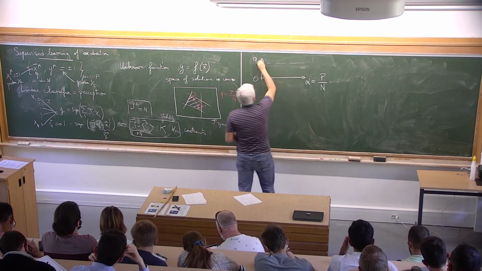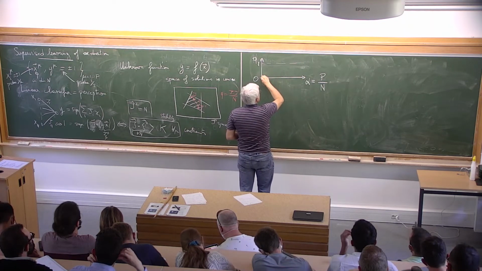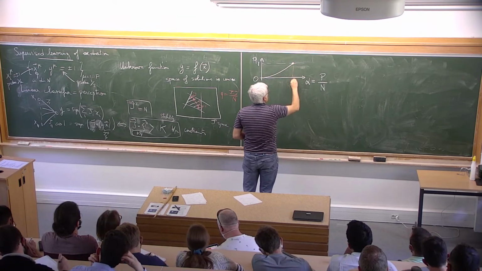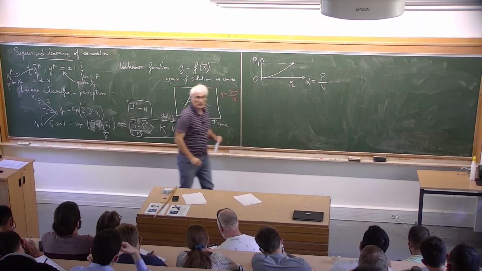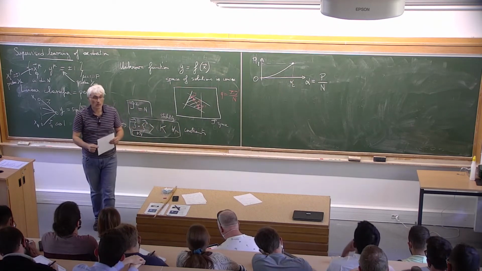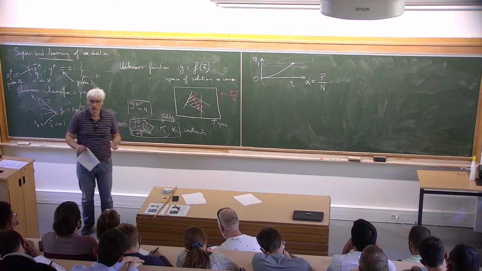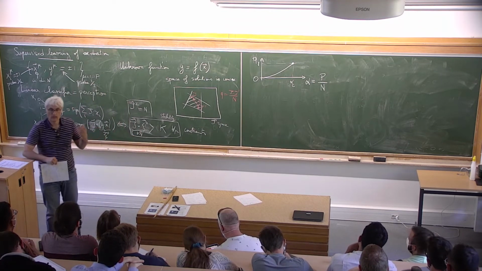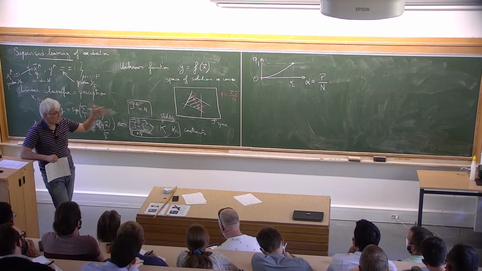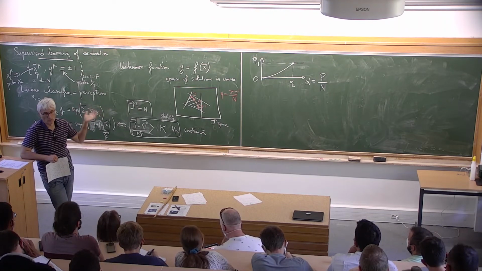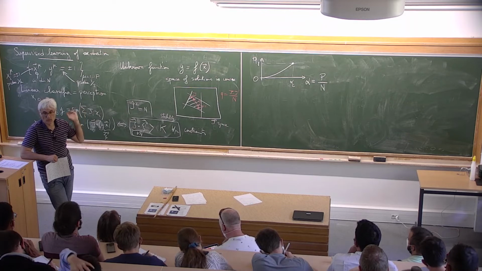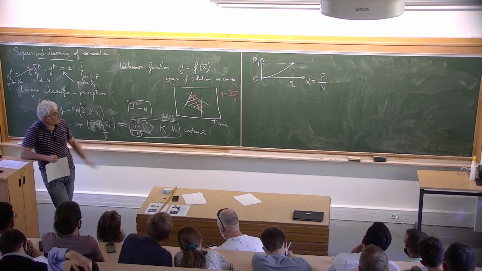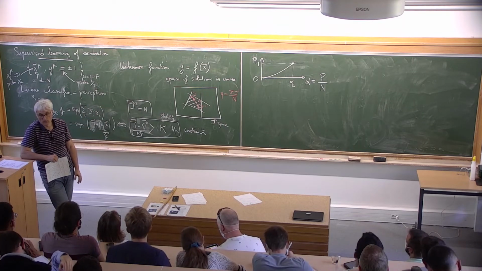As I increase alpha, this thing should increase, and it will hit 1 at some particular value of alpha, which I will call the critical value of alpha, alpha c, which is the maximal number of constraints per degrees of freedom that my perceptron is able to classify, right? So if I have more than alpha c times n patterns, my perceptron will not be able to classify them, let's say with high probability when n goes to infinity. Okay, so I would like to find this alpha c at which Q is going to hit 1.